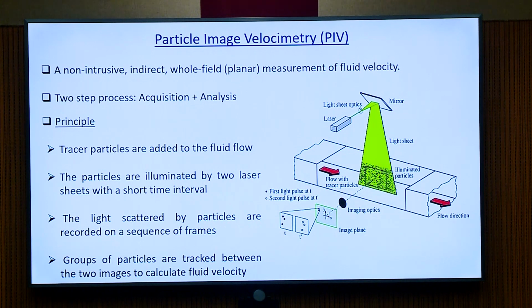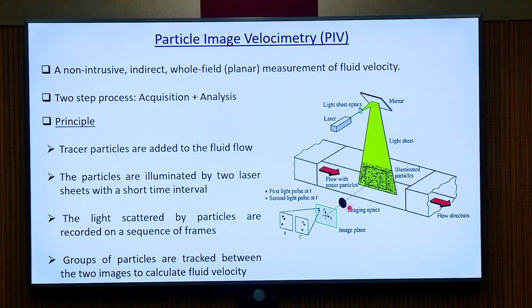So as far as the principle is concerned, as you can see here, we add particles and we illuminate that with a laser sheet. So the particles scatter light which are captured by a camera, and we capture two images in a very short duration, and we try to correlate group of particles in one image.